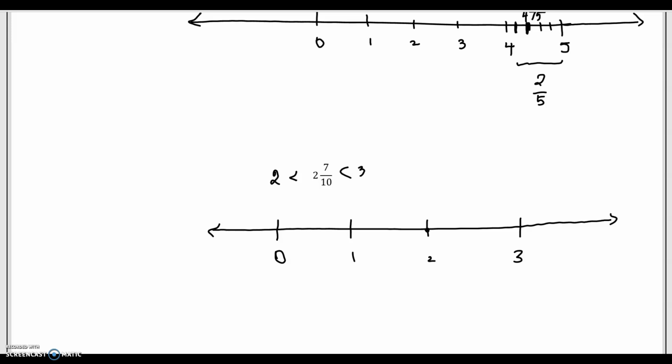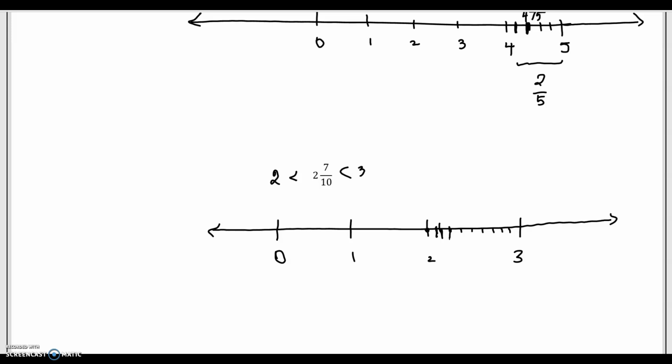But now I have to go 7 out of 10 parts. Let's see if I can divide this into 10 parts. 1, 2, 3, 4, 5, 6, 7, 8, 9. So that should divide it into 10 equal parts. So that's 1/10.